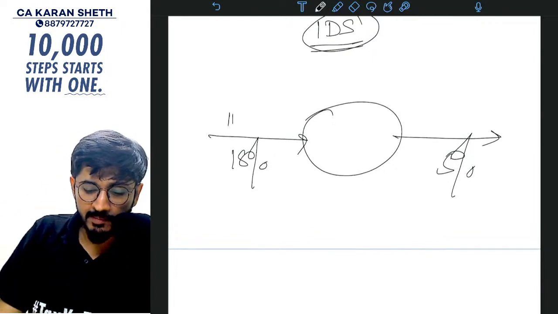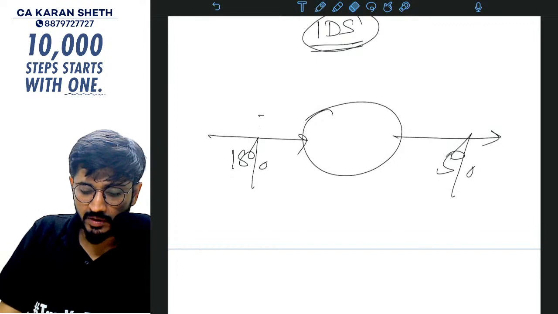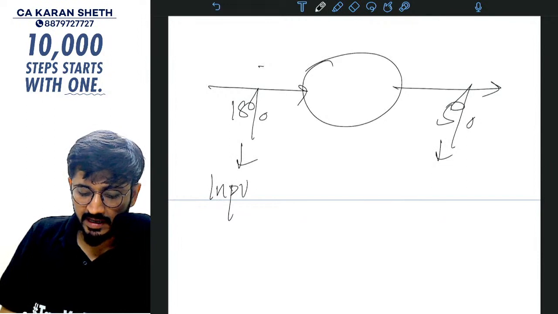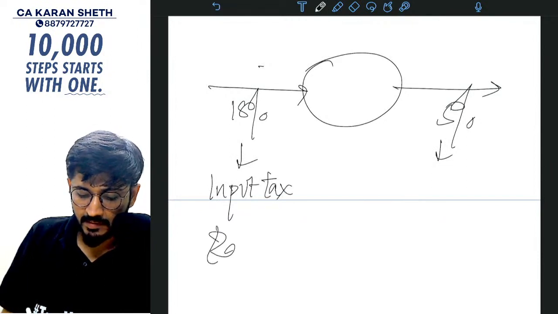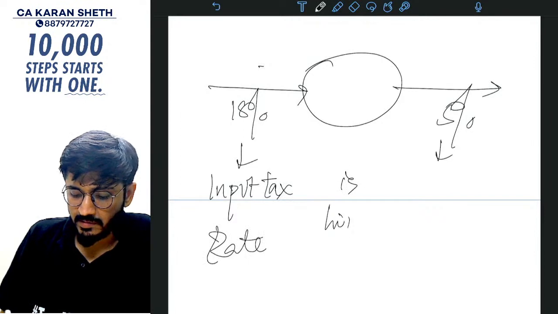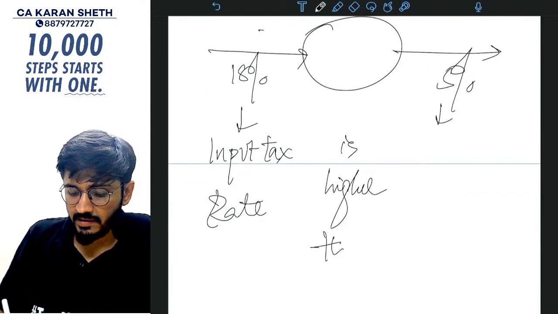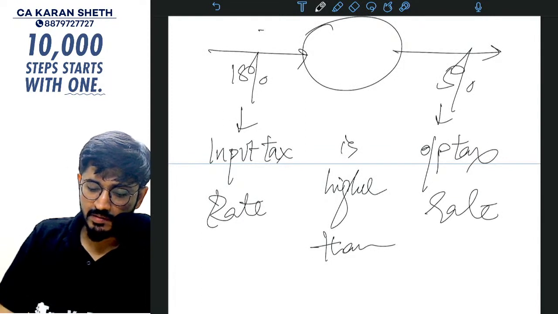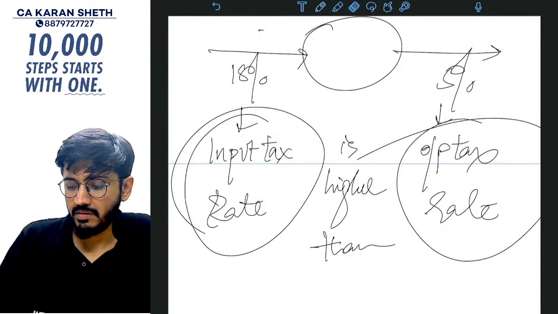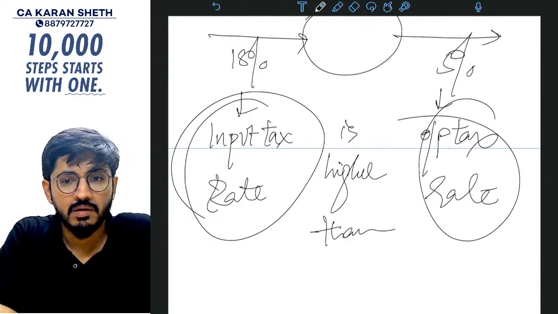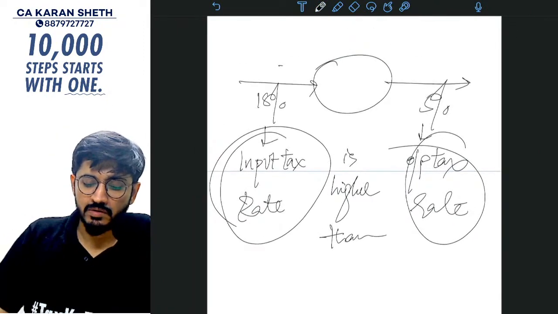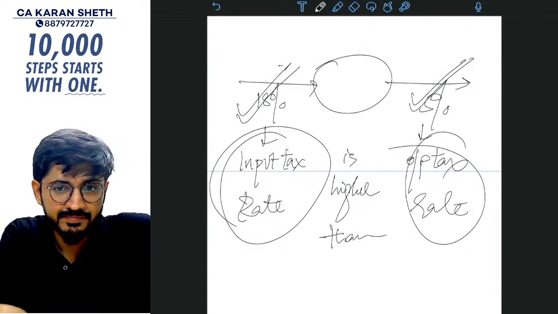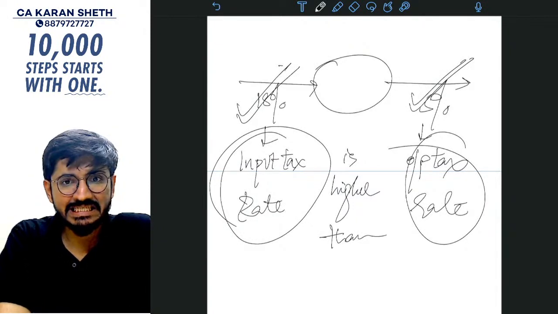So your input tax rate is higher than output tax rate. समझा? Your input tax rate is higher than output tax rate. Does that make sense?